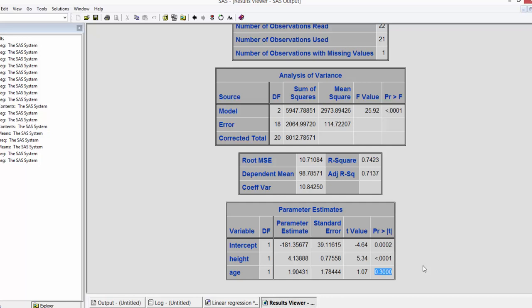Now we have the estimates in place. How does it help in having a final model in place? We can write this equation as weight equals the intercept plus 4.1 multiplied by height, and that's the linear regression for this. Once you have the linear equation in place, you can just plug in the value of height and you will find the corresponding weight.